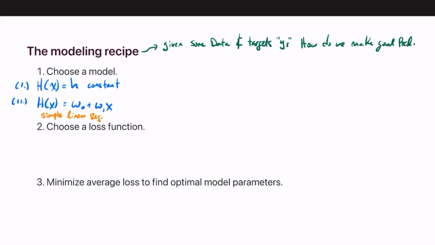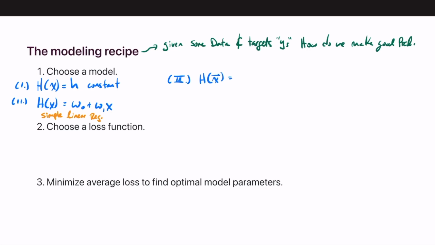And we've also seen a slightly more complicated multiple linear regression model. And that was in the form of our hypothesis function, but now x is a vector.